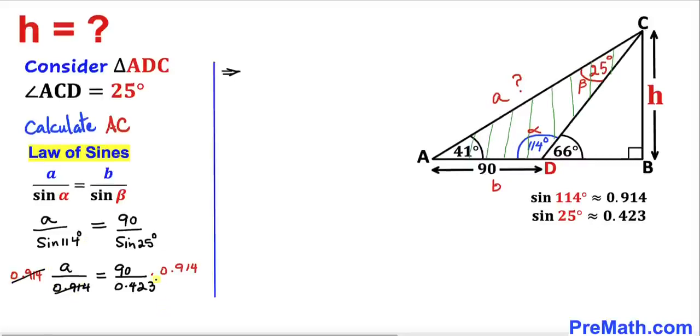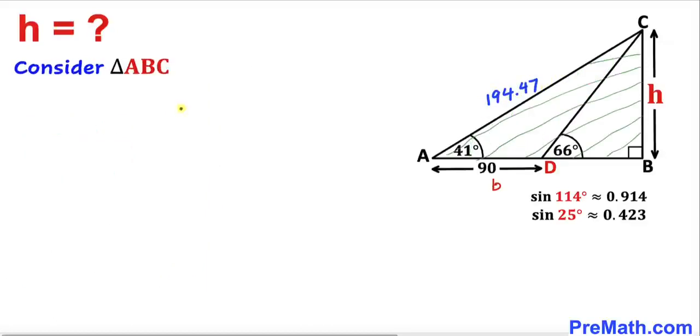And now if we simplify our right hand side, our a value is going to be approximately equal to 194.47 units. Therefore this side length AC turns out to be approximately 194.47 units. And here's our next step.